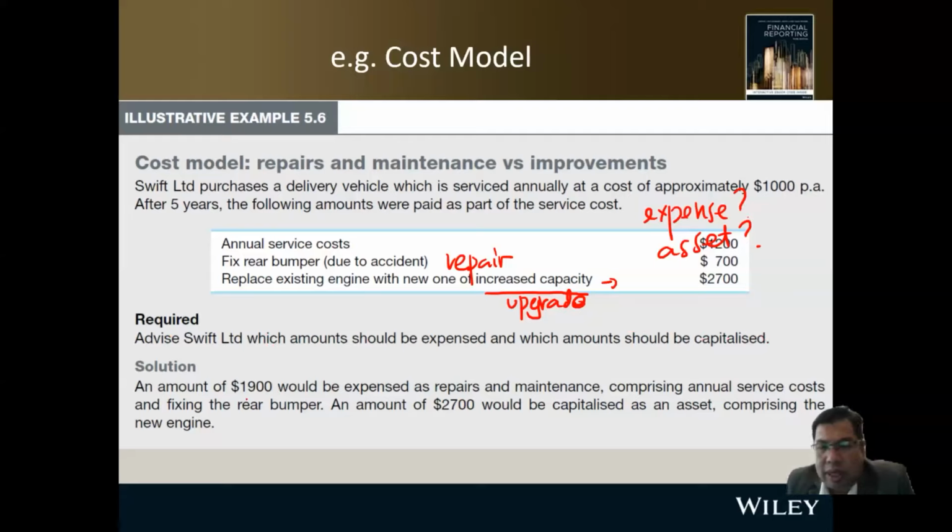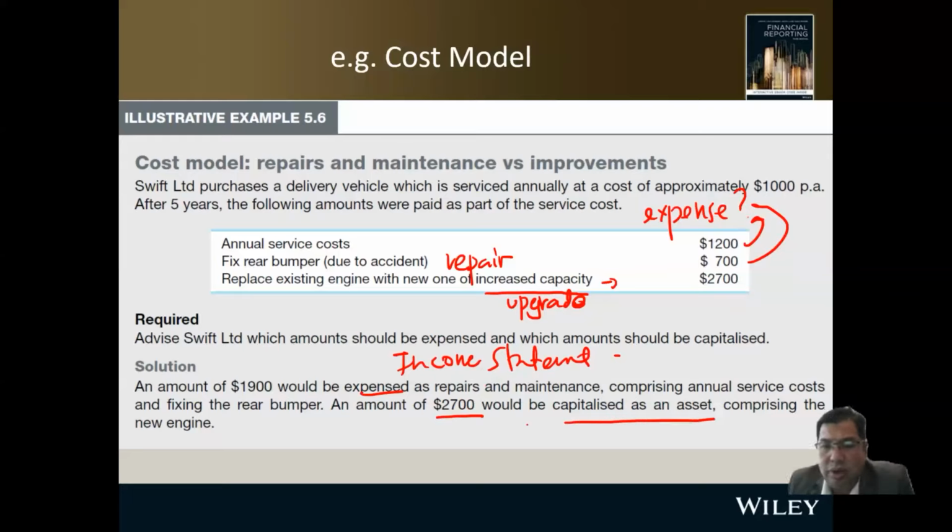So the amount of 1,900 would be expensed. This is the 1,200 and also the repair cost will be an expense. Expense means it goes to profit and loss, to the income statement. However, the amount of 2,700 would be capitalized as an asset.